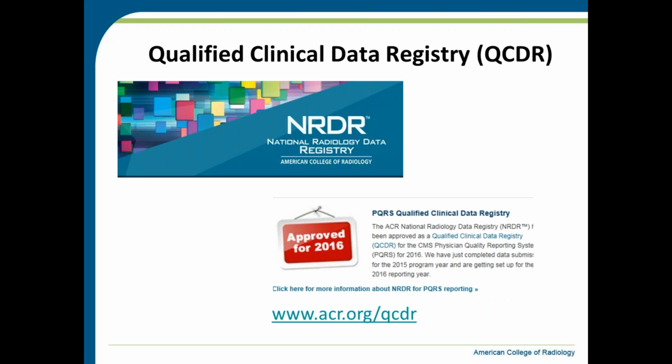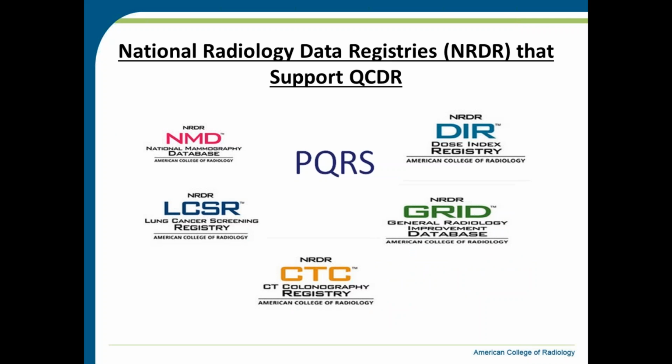Now I think it's important that we transition. I say that the ACR's registries have been approved, but let's look at how our registries are categorized and what registries are actually available. We'll spend just 5 minutes on this slide. Most of you should be familiar that the ACR's registries fall under the umbrella of the National Radiology Data Registries.